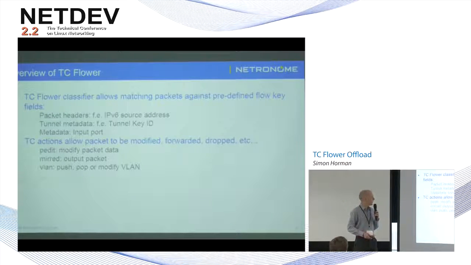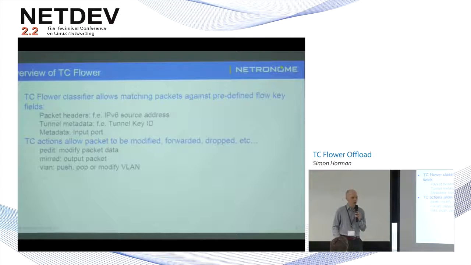So TC Flower allows us to construct these kinds of things. TC Flower is the match part of it. It implements the classification as I described a moment ago. It allows us to classify a quite wide range of fields.